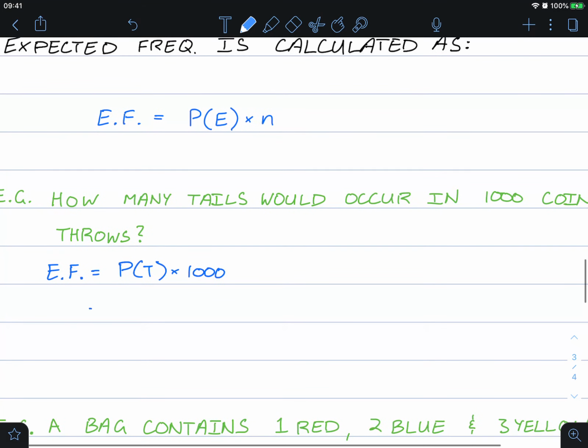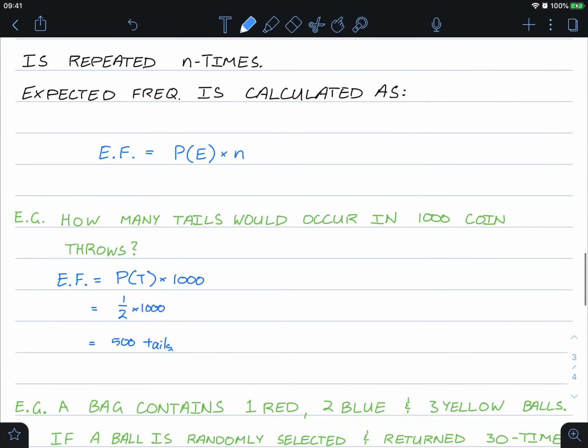The probability of tails on a coin throw is half times 1,000. You put that straight into a calculator, and it's going to be 500 tails. So that's the expected frequency of tails in 1,000 coin throws.